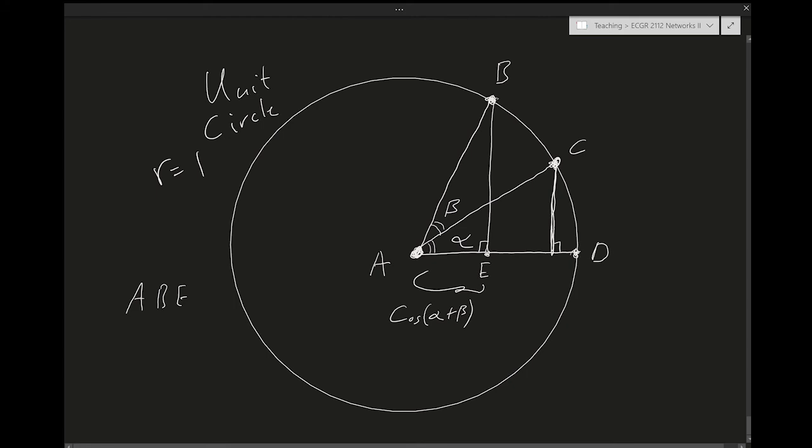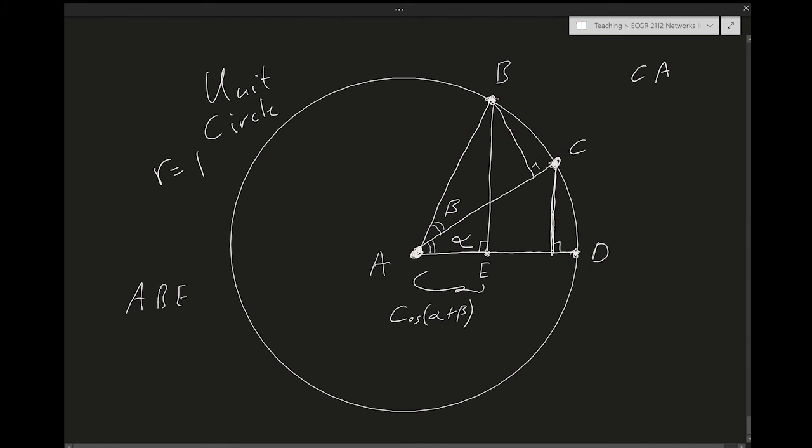Okay. Now I want to take the point B and project it, this AB line. I want to project the point B into the line CA. So I want to draw a line that intersects CA at an angle of 90 degrees.